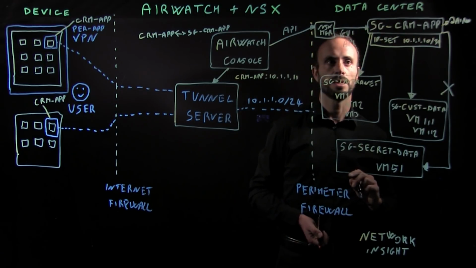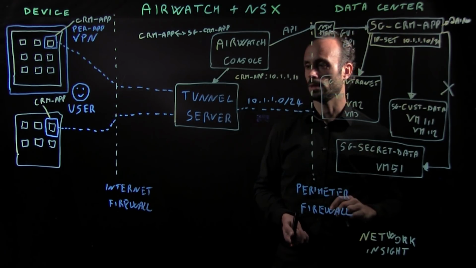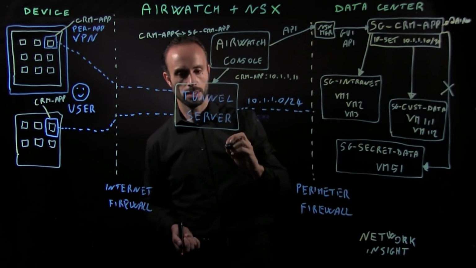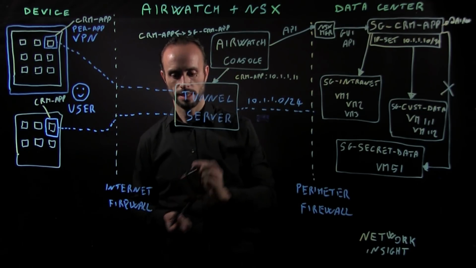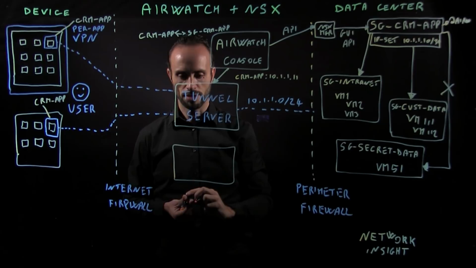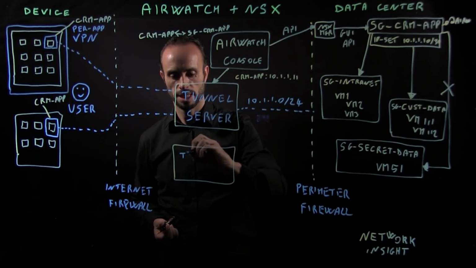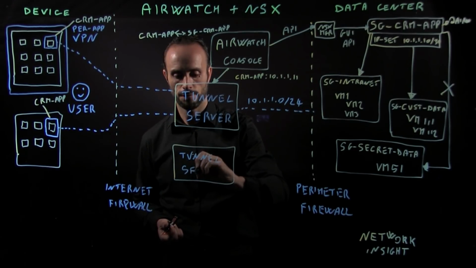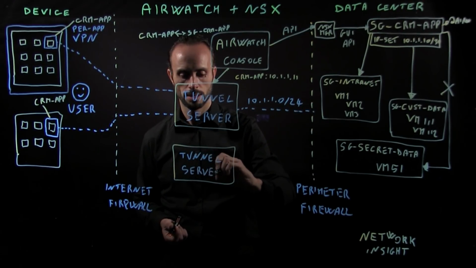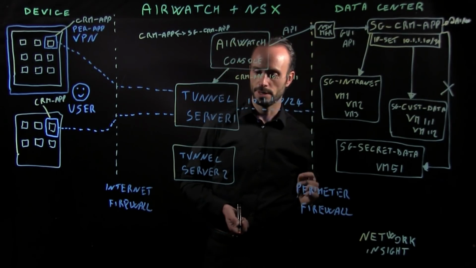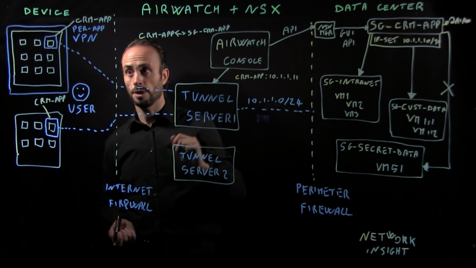Let's try to understand how it works with additional pieces in the picture. Now, first of all, we might want to scale this deployment. Two main reasons would be to have a higher number of users, or even if we just want to provide high availability. So we'll have two tunnel servers, first one and the second one.